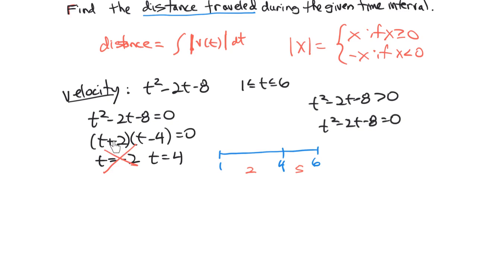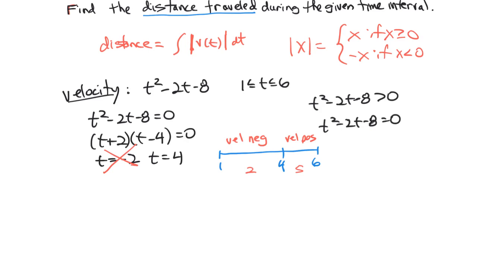If I plug a 2 in here, I'm going to get 4, which is positive, times negative 2, which is negative. So I'm going to get negative. So velocity is negative on this interval. And then if you plug in a 5 here, you're going to get a positive times a positive, so it's positive over here.